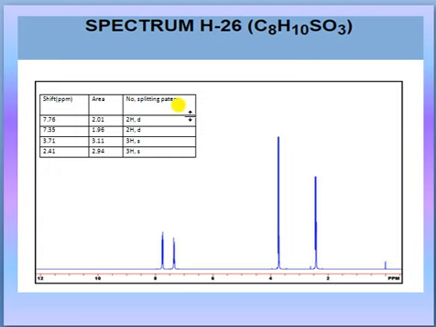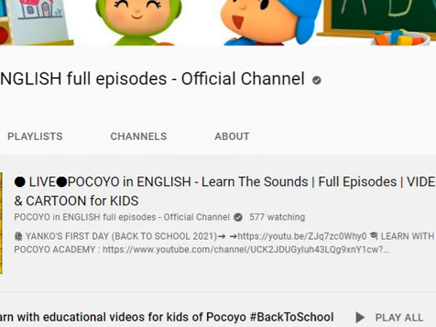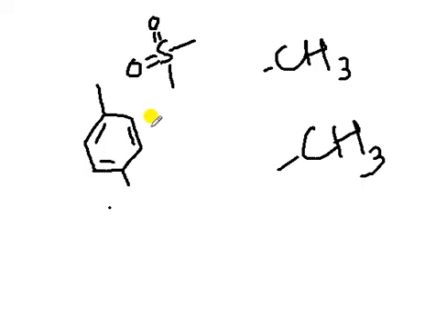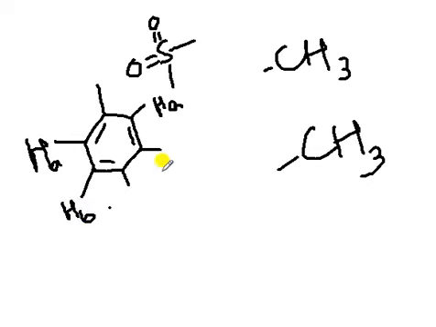You already got 2 types of proton here. So you can say this is HA and this is also HA, and this is HB, this is HB, and carbon is also over.